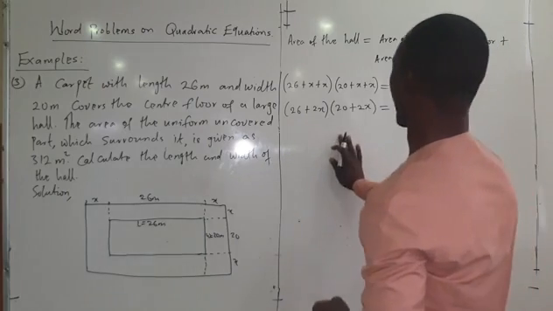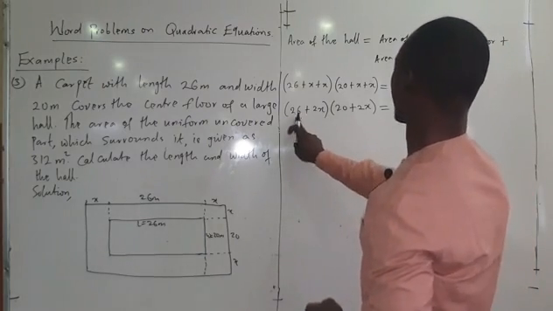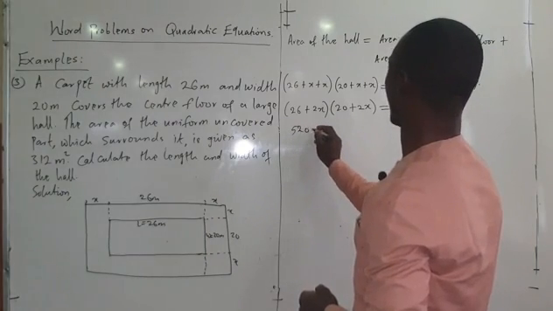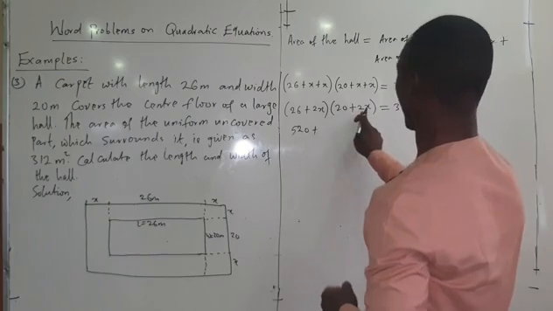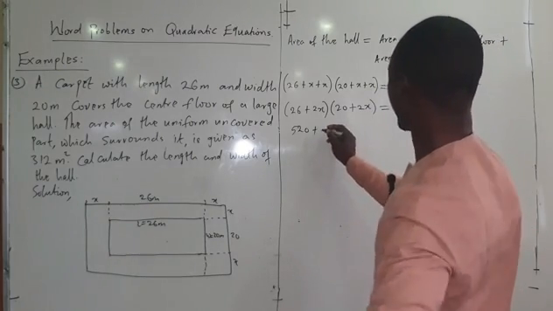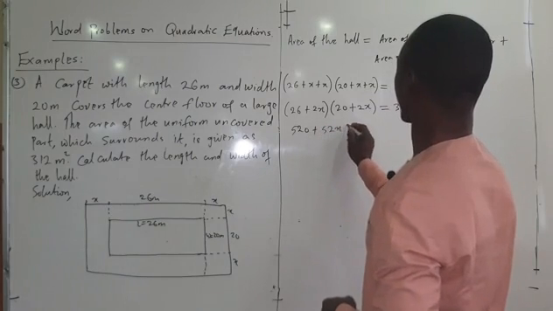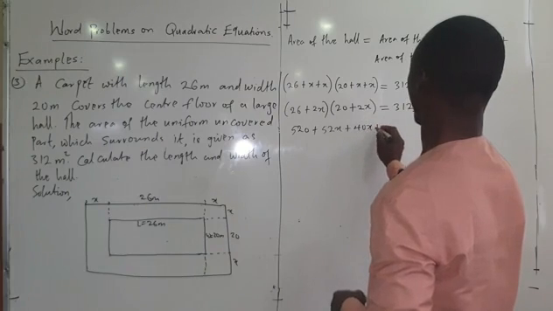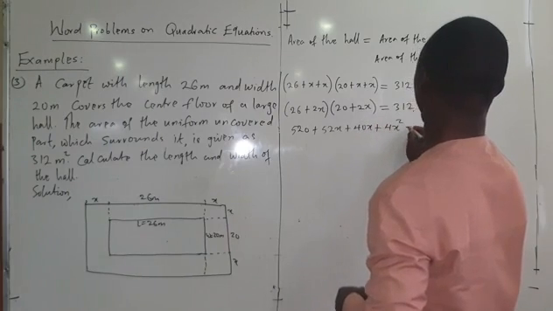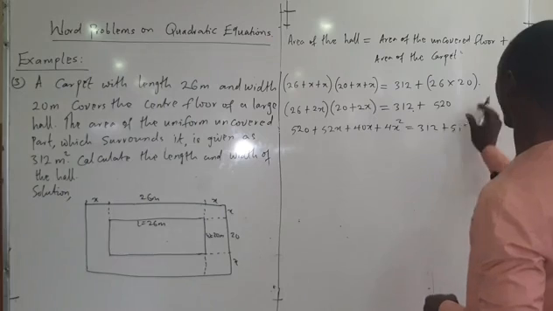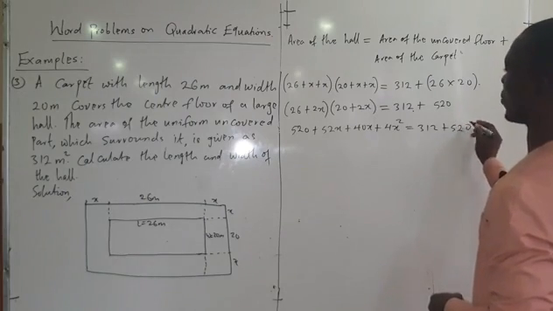So we now open this bracket: 26 multiplied by 20 is 520, plus 26 times 2x, that is 52x, plus 40x plus 4x squared, equals 312 plus 520.